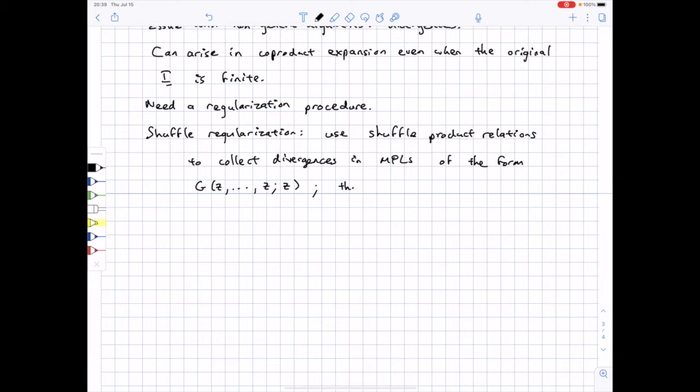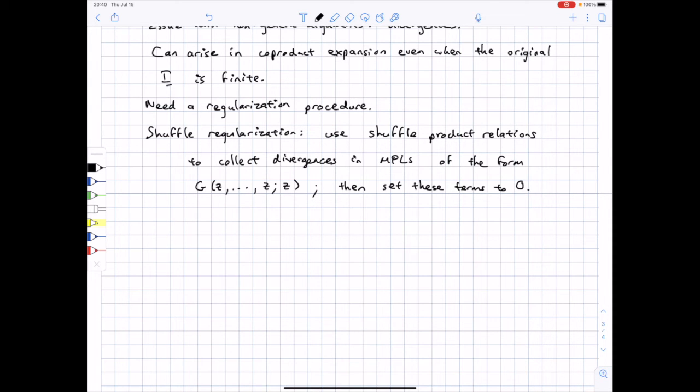Shuffle regularization is the prescription to perform such an algorithm. And once you have got these specifically divergent terms of this form, then just set those to 0. One can prove that this is a consistent regularization procedure.